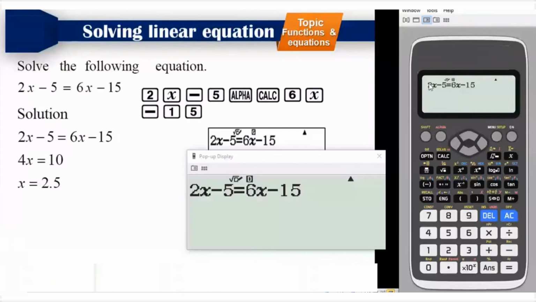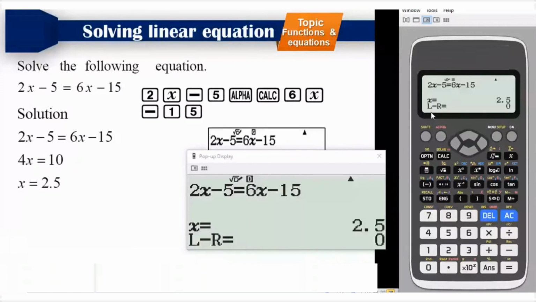Now we have the whole of this equation on the screen of the calculator. I hope everyone is following me. And now it is advisable that we apply the shift and solve button. And now when we press equals, the calculator will give us the correct answer, that is x is 2.5, L minus R is 0.